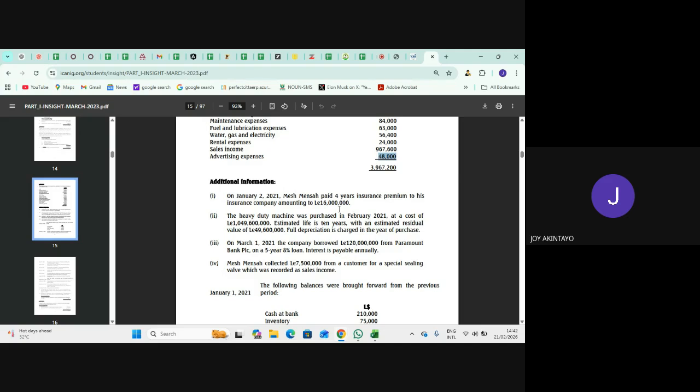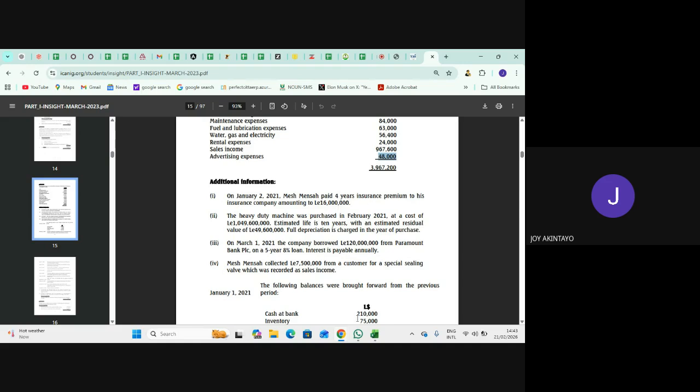Because it was paid during the year, we need to determine what the insurance expense will be for 2021. We have 4 years, and out of the 4 years, 1 year has been utilized. We've enjoyed the service for 1 year. So the remaining 3 years, we need to transfer to insurance prepaid. So our insurance prepaid value will reduce, and then we also create insurance expense. So that's the adjustment to do.